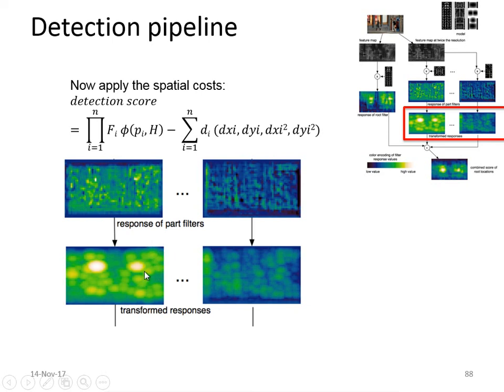If the part is located in the right position as you expected from the root filter, then you will have a larger intensity here. Otherwise, if it is far away from what you expected in the supposedly true location, then it will be smaller.